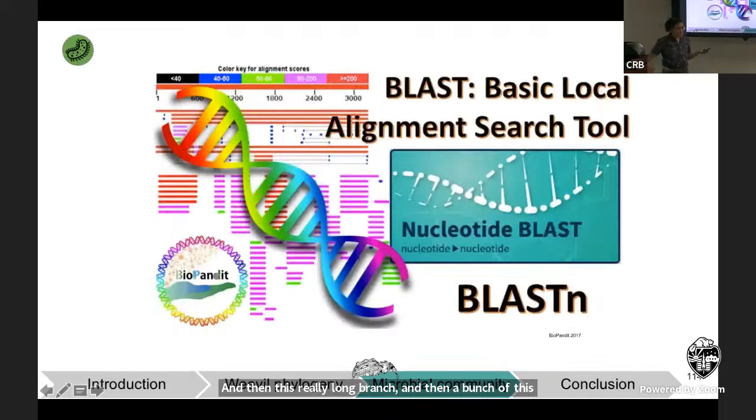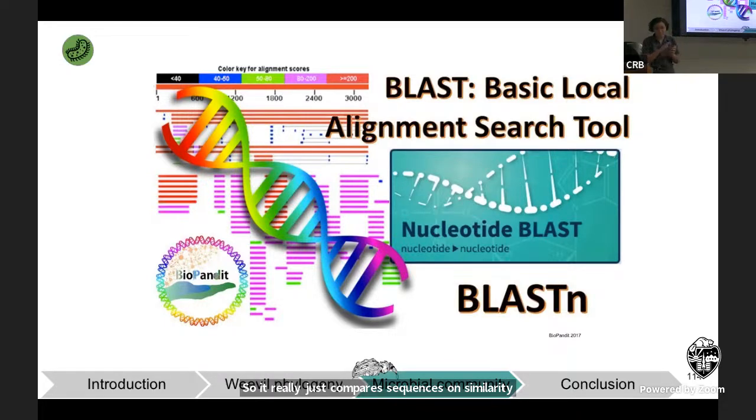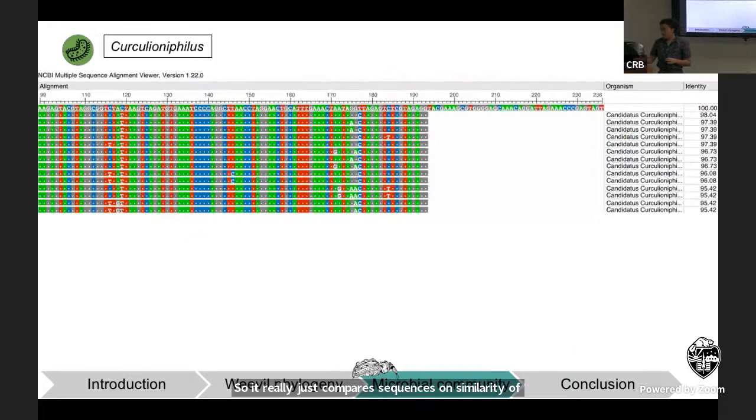I was confused because maybe it's Sodalis, but that branch length is also suspect. So I used a different tool, the Basic Local Alignment Search Tool, BLAST, which takes out some of the phylogenetic context. It really just compares sequences on the similarity of the letters, not considering other context as much.